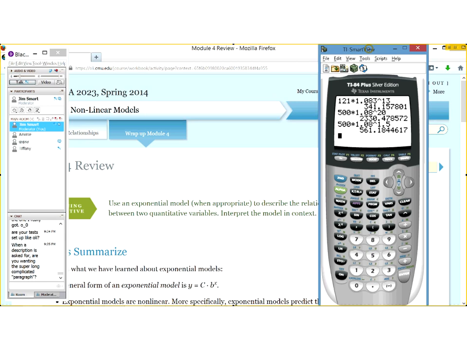Once you've set it up, you do Zoom and 9 to get the graph, and then you have to be able to do a linear regression. That's pretty much it for the calculator for this test. Test 2 has a little bit more with the calculator, but mainly the statistics, the scatter plot, and the linear regression are the main things you need to be able to do for this test.